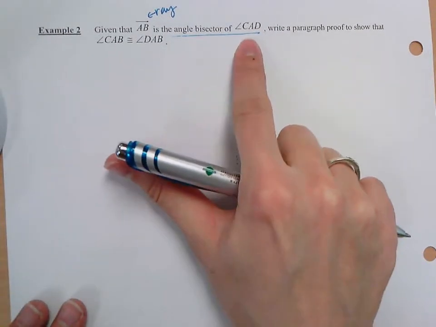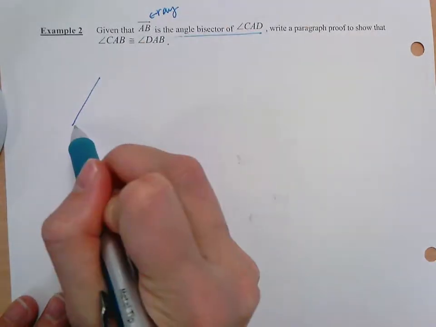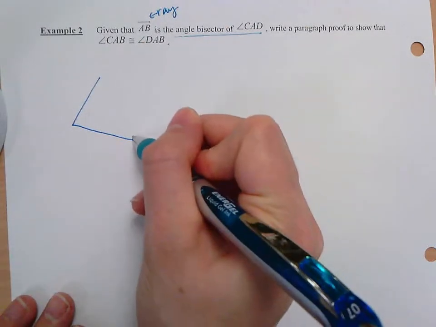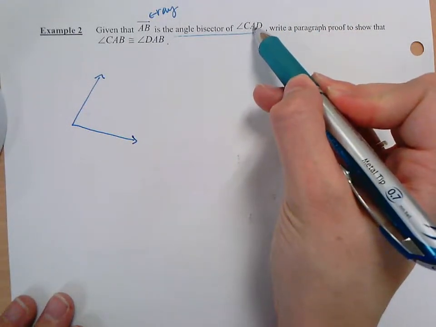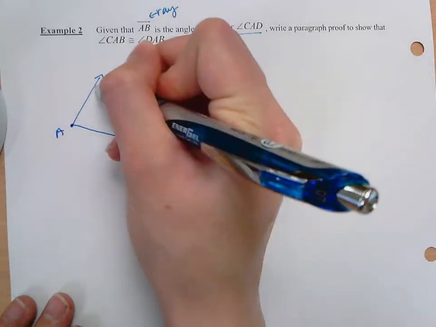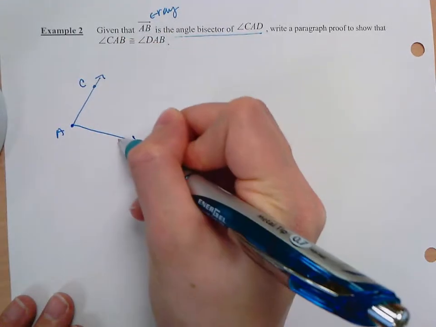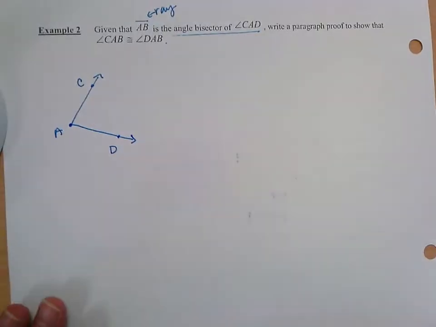So I have angle CAD. Okay, and make sure when you're labeling this, so the middle letter, the A, that's the vertex. And then I have C on one side and D on the other, or the two rays.